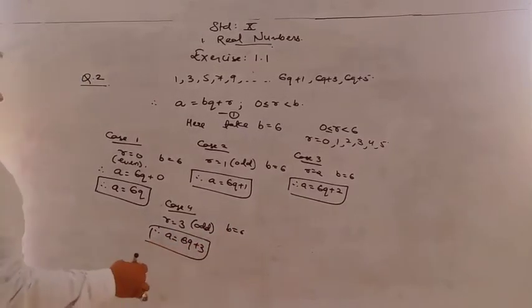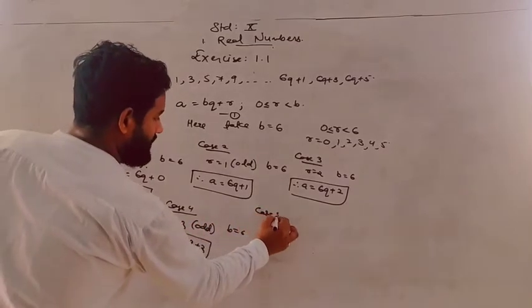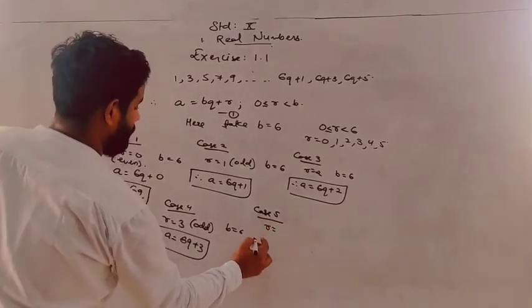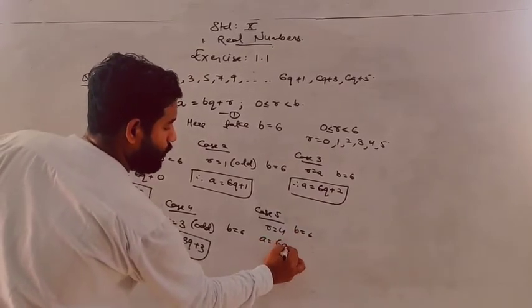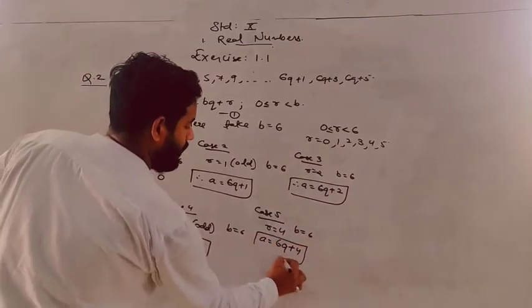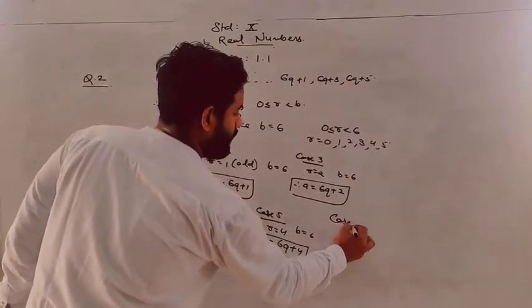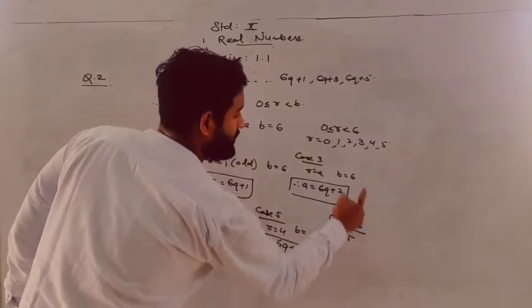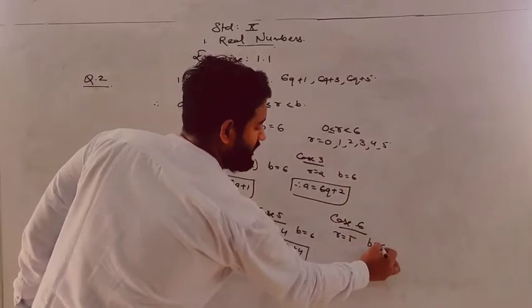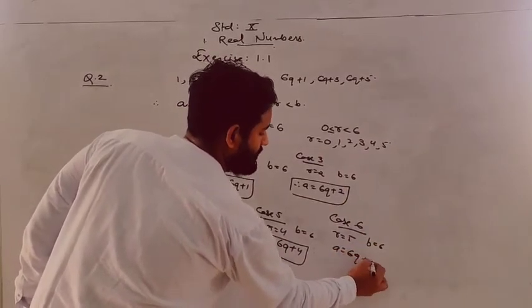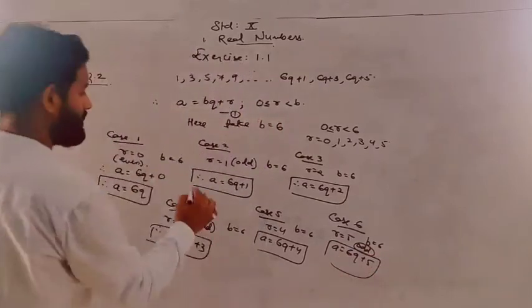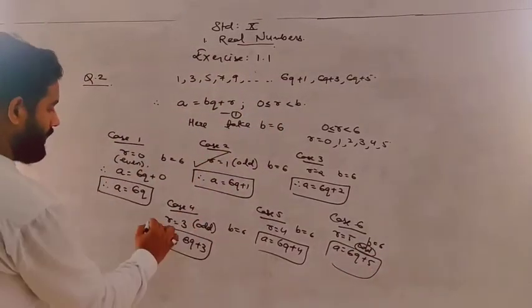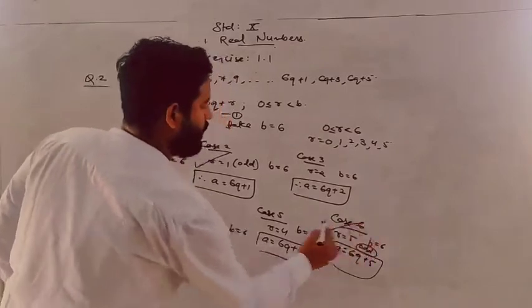Now take case 5, where you have to take r equal to 4 and b is going to be 6. So a is equal to bq plus r. Now case 6, where you have to take r as the last value 5 and b is going to be 6. So a is equal to 6q plus 5. Again it is an odd number. Now this is your odd number, this is your odd number, and this is your odd number.